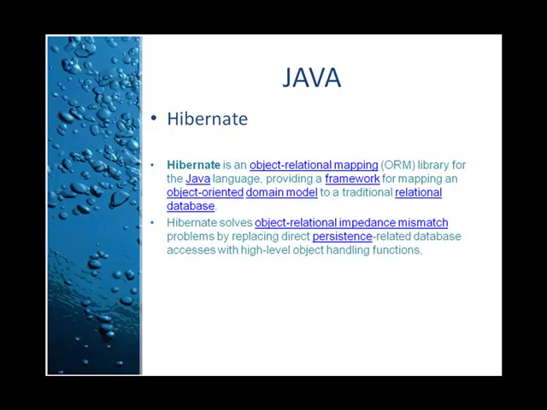Hibernate solves object relational impedance mismatch problems by replacing direct persistence related database accesses with high-level object handling functions.